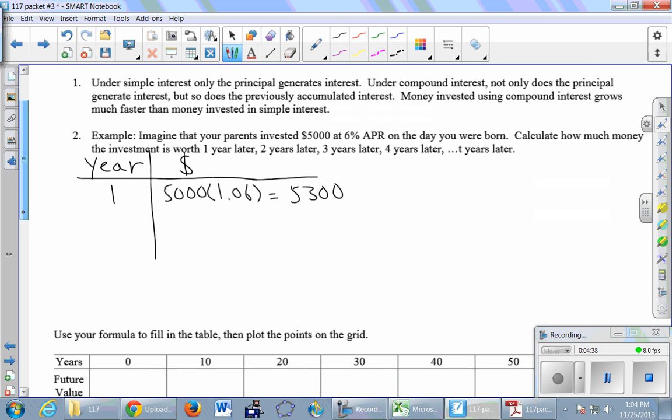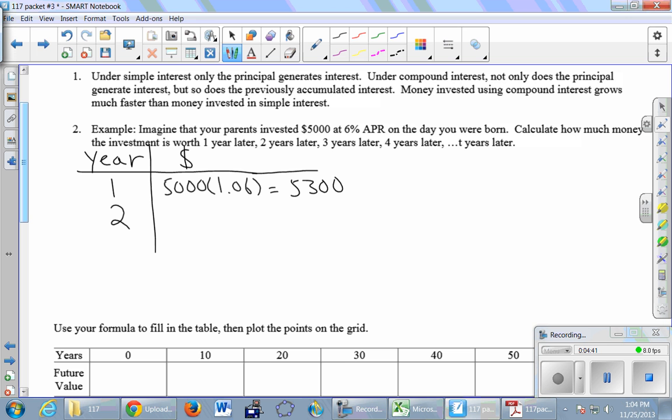And then in the next year, we're going to take what new number? 5,300 and multiply by 1.06, 106% of what you had. That's 5,618. And then we can do this one more time.